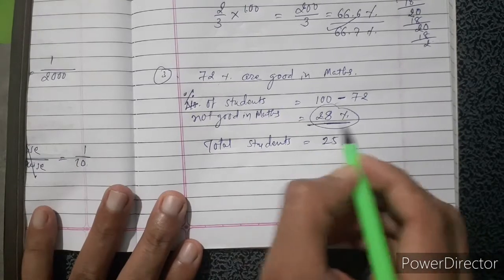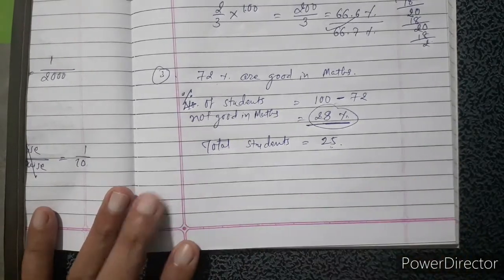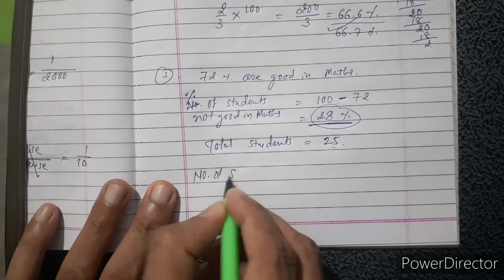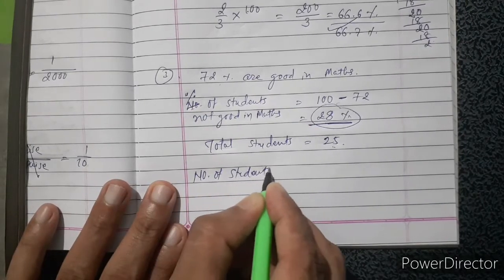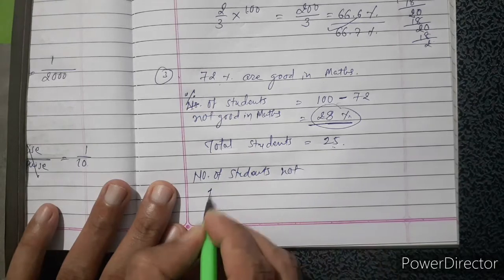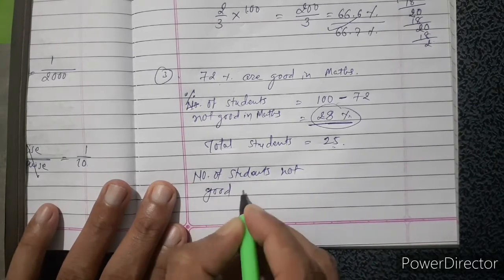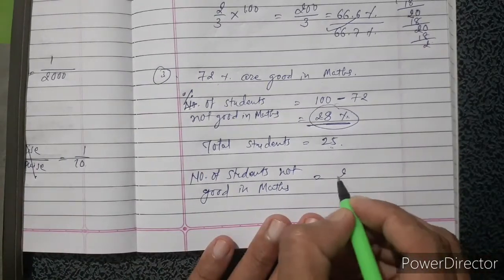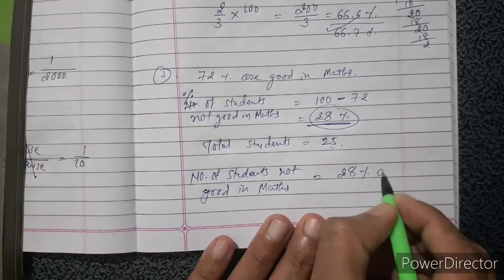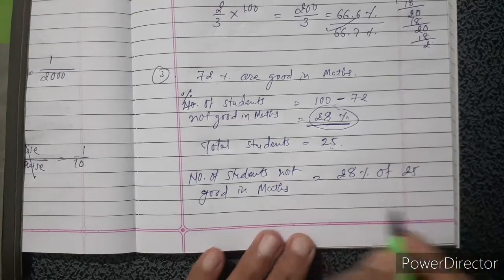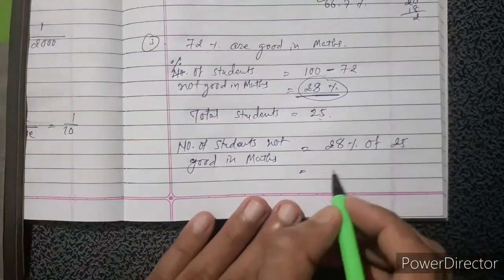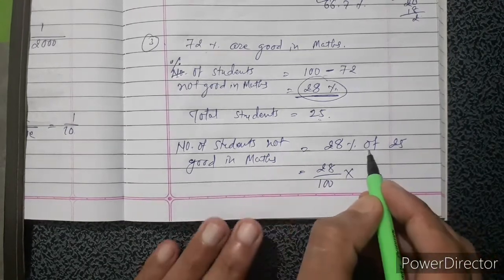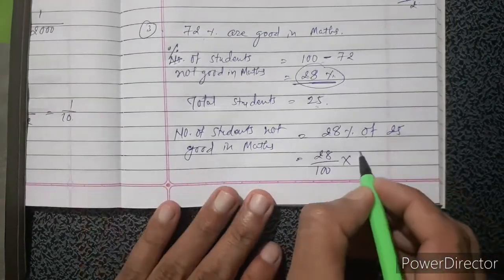That means 28% of 25 are not good. So the number of students not good in maths equals 28%. 28% of 25 equals 28 divided by 100 into, of means into, 25.